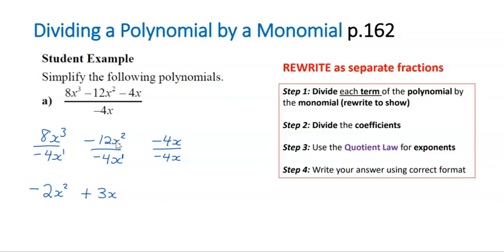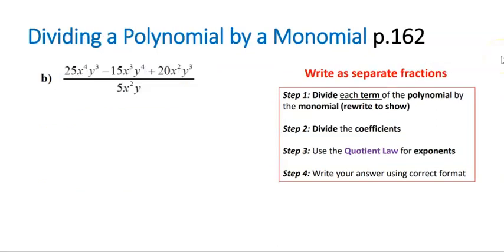And then for the last term, be careful, negative 4 divided by negative 4 is a positive 1. x to the power of 1 minus 1 equals x to the power of 0, which equals 1. 1 times 1 is just 1, so the x's cancel each other here. So we're left with negative 2x squared plus 3x plus 1. For the second example, you can give this one a try.